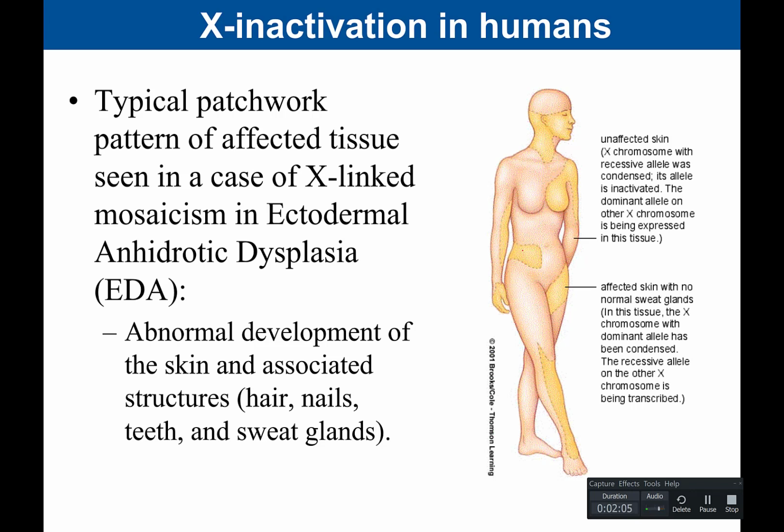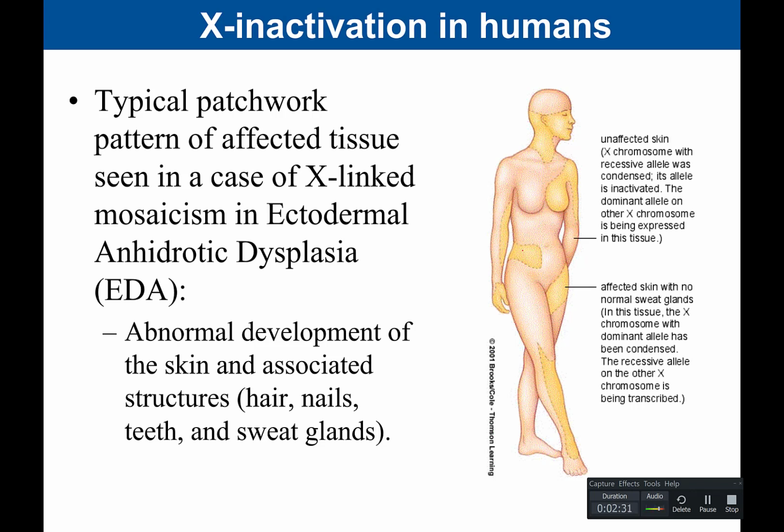Another example in terms of X inactivation. Remember that I said for color blindness, if a female is going to be colorblind, she has to be X^n X^n. However, there is an exception to this. Remember that the X chromosome is going to undergo random X inactivation. If you have a female who's a carrier, she carries the colorblind allele.